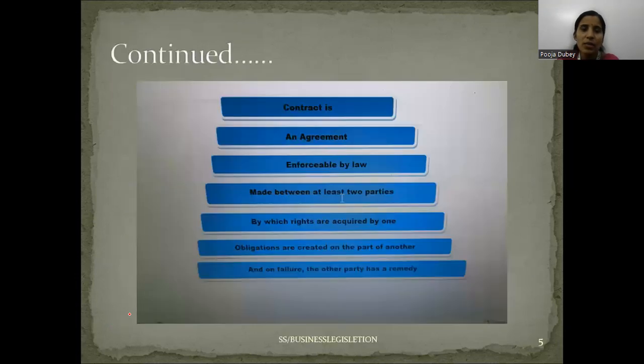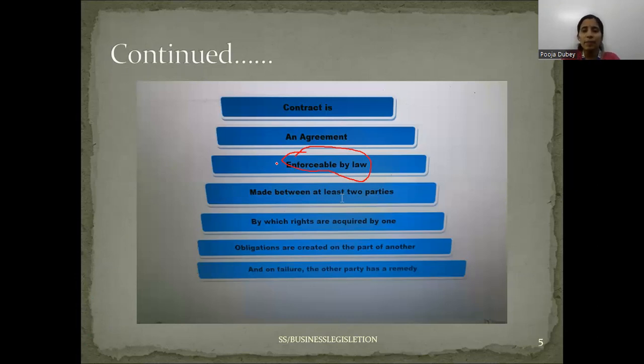Now, what you can see here with the help of this diagram, the basic of contract is that contract is an agreement which is enforceable by law, and here all the technicality lies when it comes to enforceability by law. There are some legal formalities which need to be fulfilled, then only an agreement can be enforceable by law.